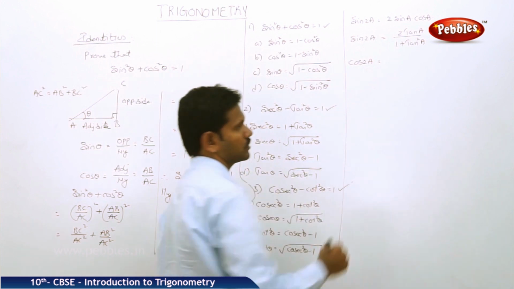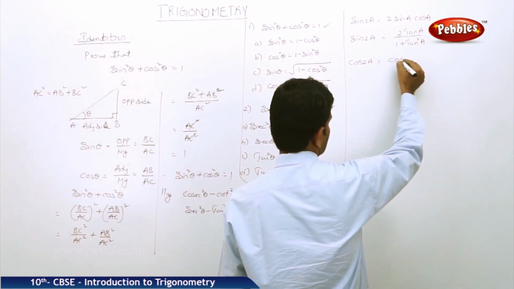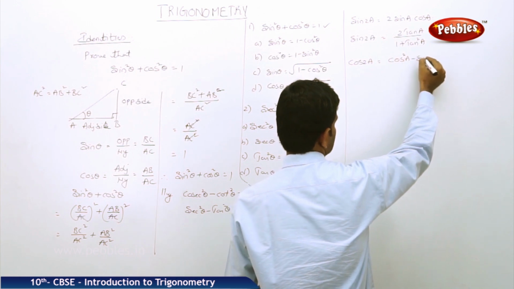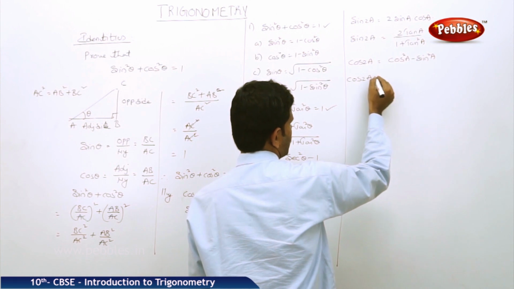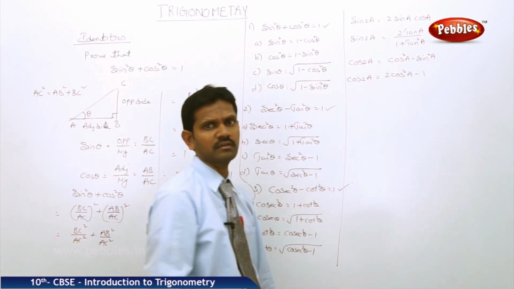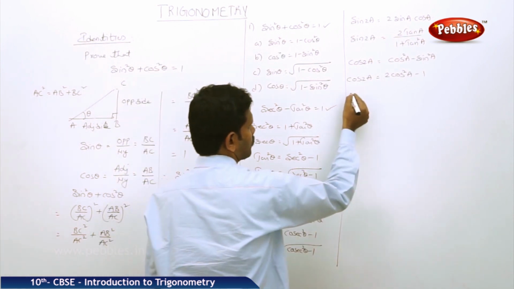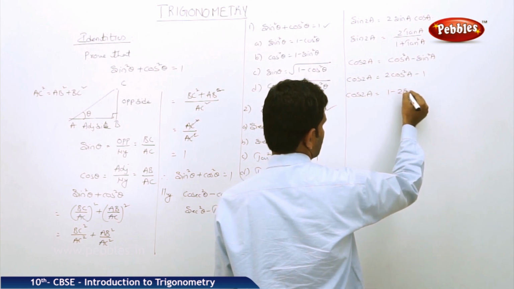Next, cos 2a. Cos 2a is equal to cos square a minus sin square a. Cos 2a is equal to 2 cos square a minus 1. Cos 2a is equal to 1 minus 2 sin square a.